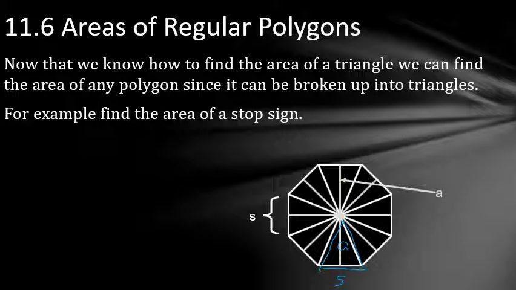Multiply that by the number of those triangles, the number of sides, and we'll have 1/2 A times S times the number of sides. Oh, but wait, the length of the side times the number of sides is the perimeter. So our area is 1/2 the perimeter times the apothem.